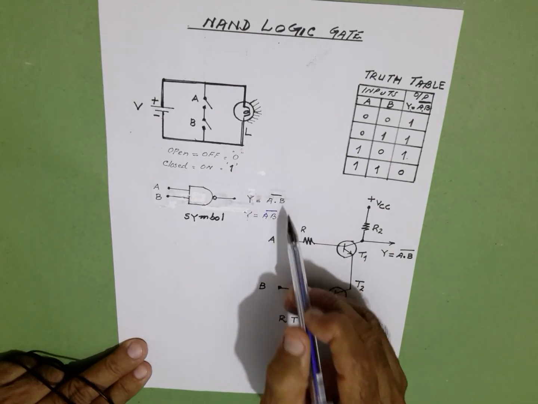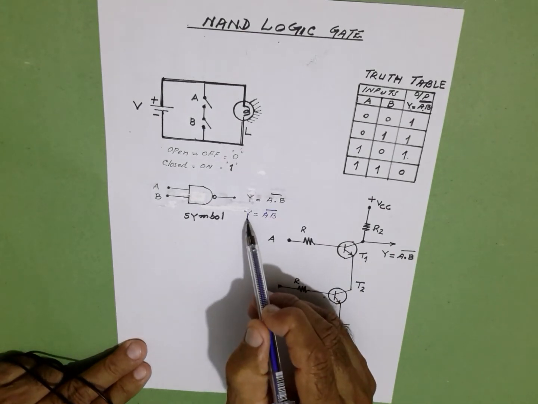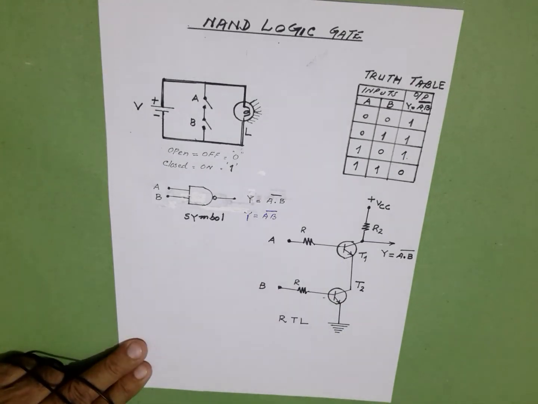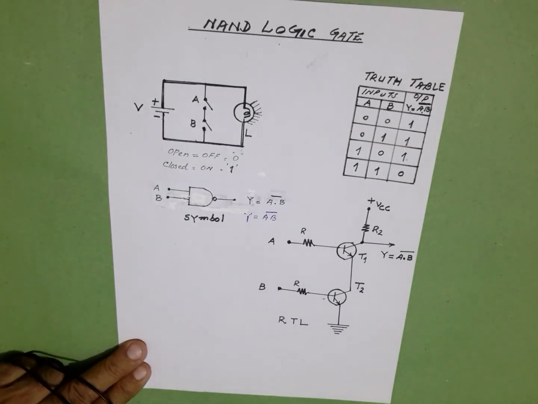This is also correct: A into B whole bar, or we say A is NANDed with B.